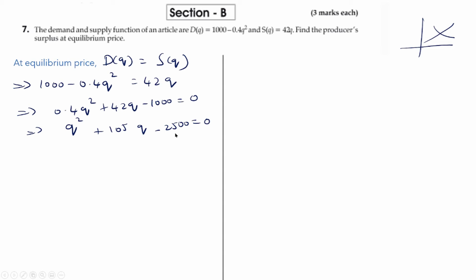If we see 2500, if we take the factors as 125 into 20, so we get 125 into minus 20, then we will get minus 2500.